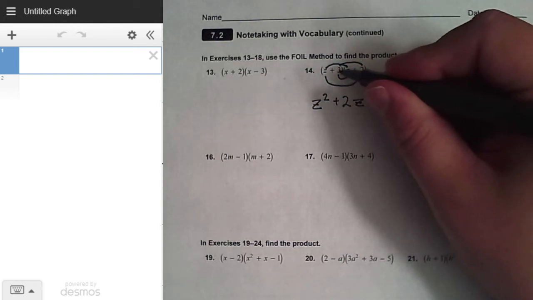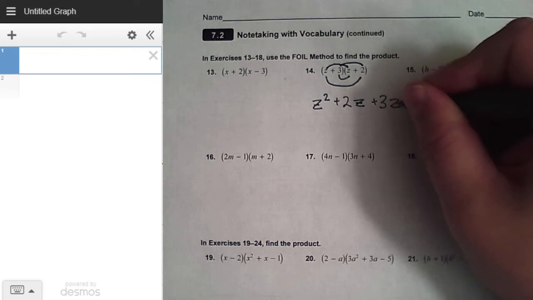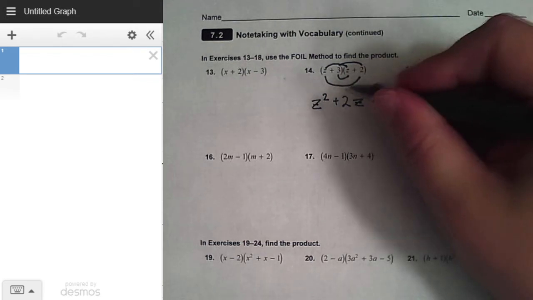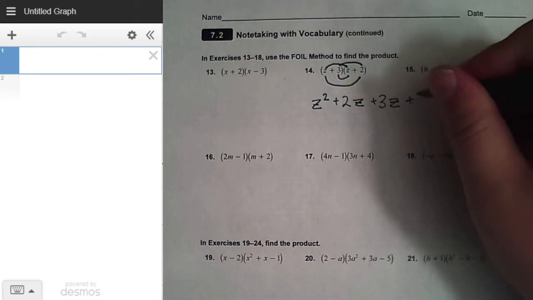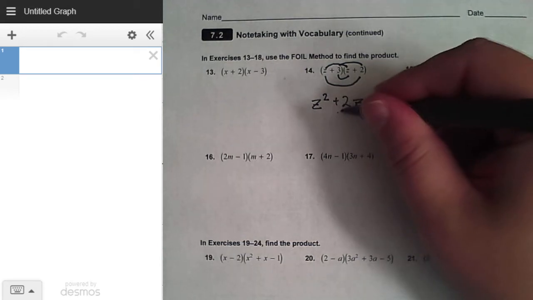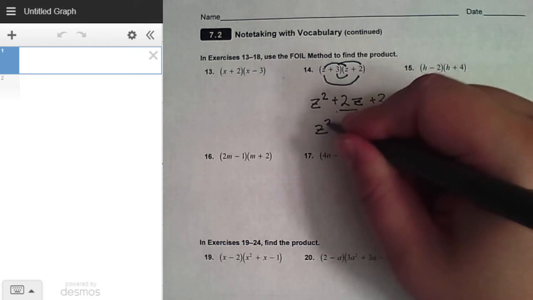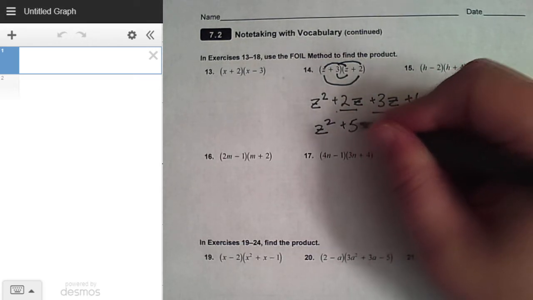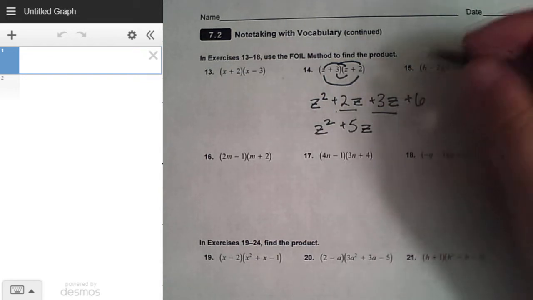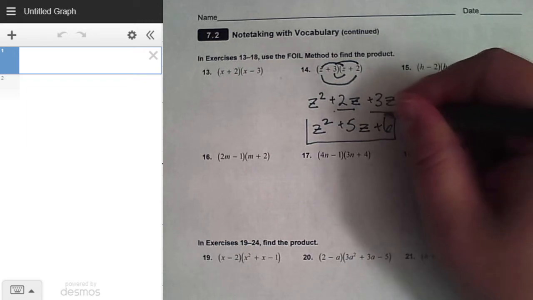And then 3 times z and 3 times 2. Combining those like terms, we get z squared plus 5z plus 6. Boxing that answer.